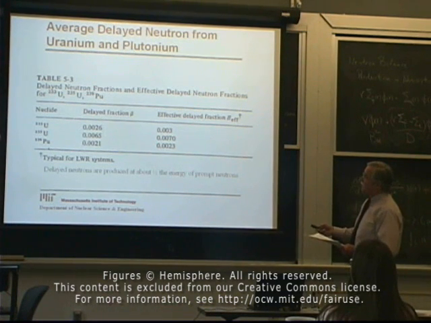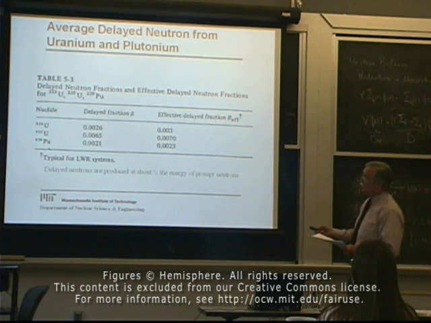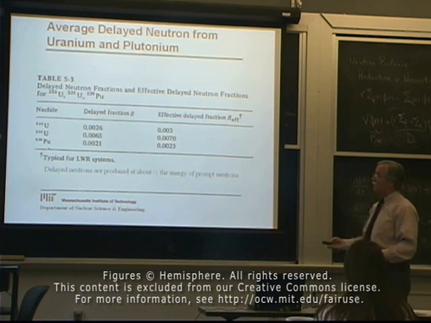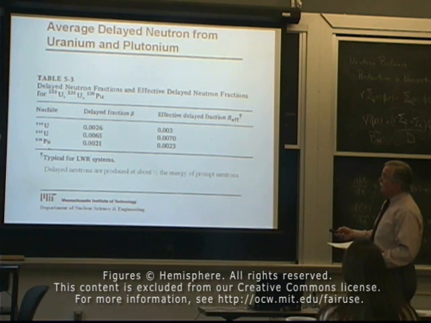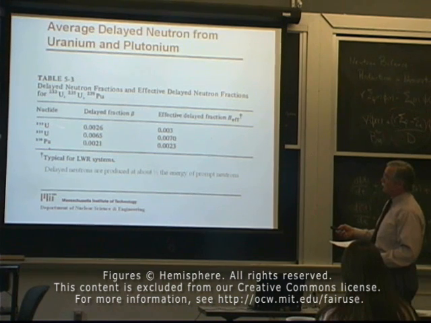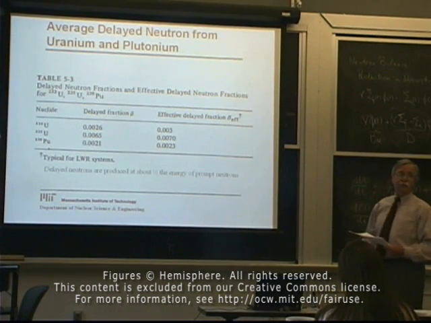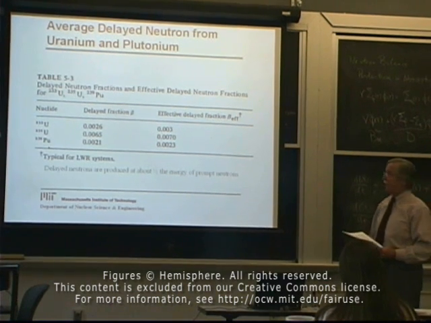What this basically means is the 235 is easier to control. It's got a higher percentage of delayed neutrons. The fast reactors that use 239 and also 233, it could be a thermal reactor as well, but it's much more difficult to control. Things happen faster.